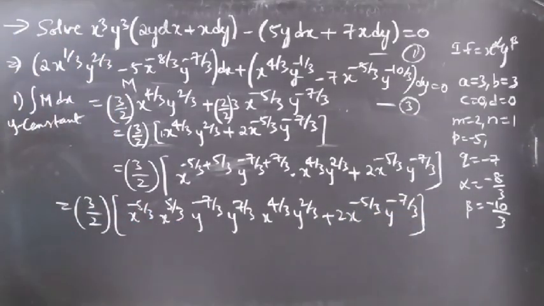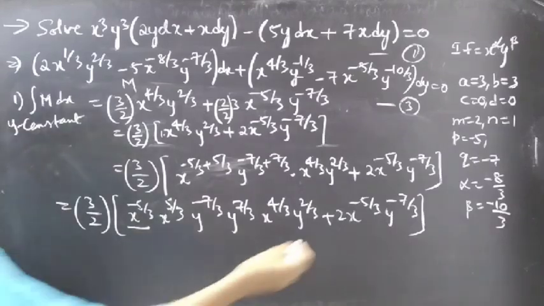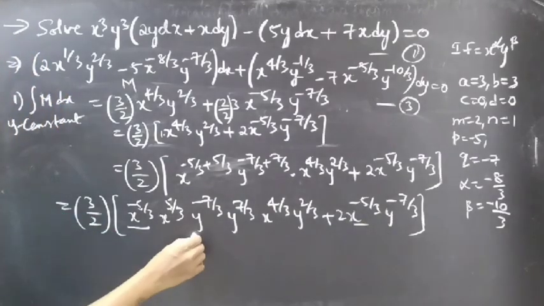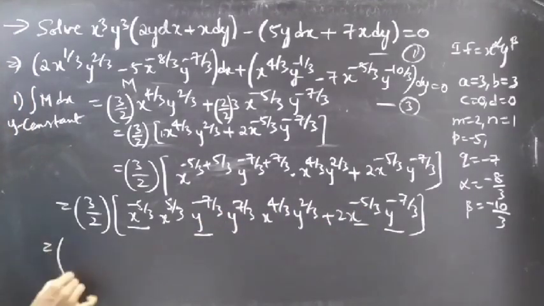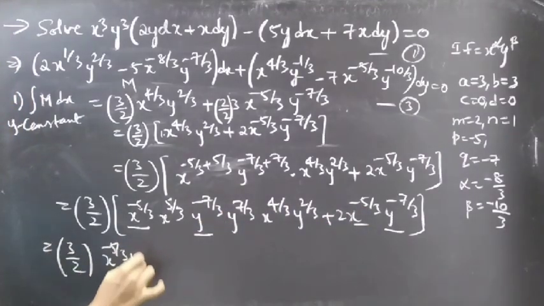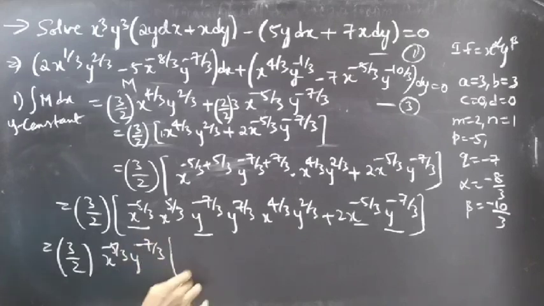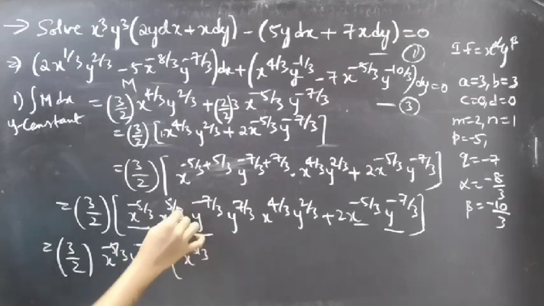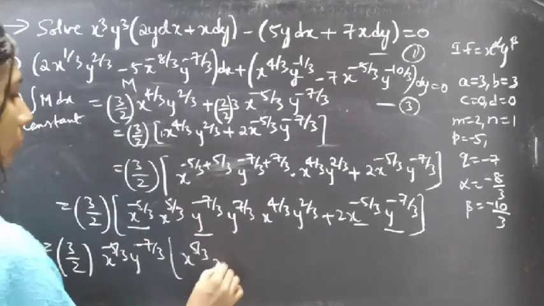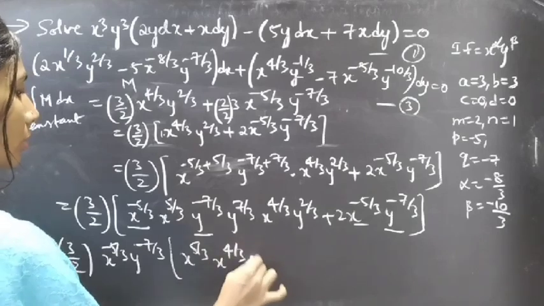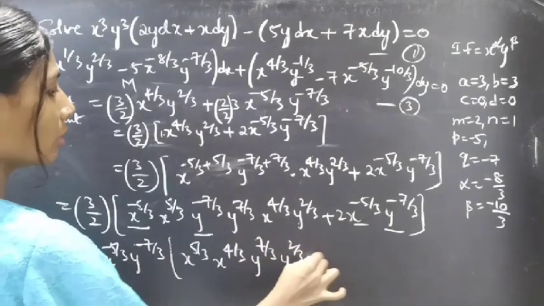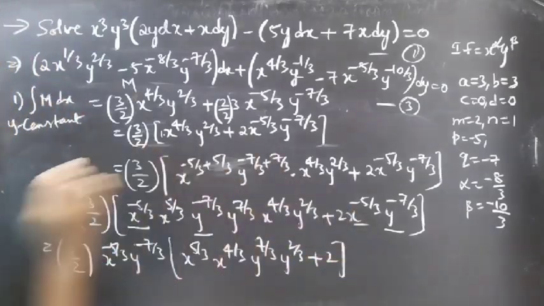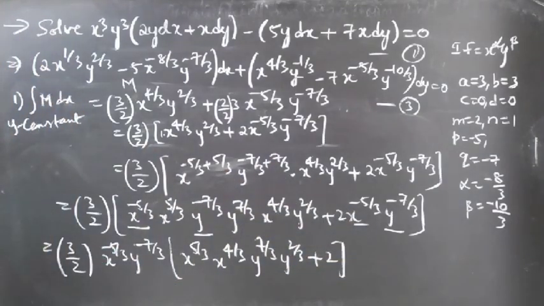Now take x power minus 5 by 3 and y power minus 7 by 3 common from these two terms. We'll get 3 by 2 into x power minus 5 by 3 y power minus 7 by 3 into x power 5 by 3 into x power 4 by 3 into y power 7 by 3 y power 2 by 3 plus 2. Okay.